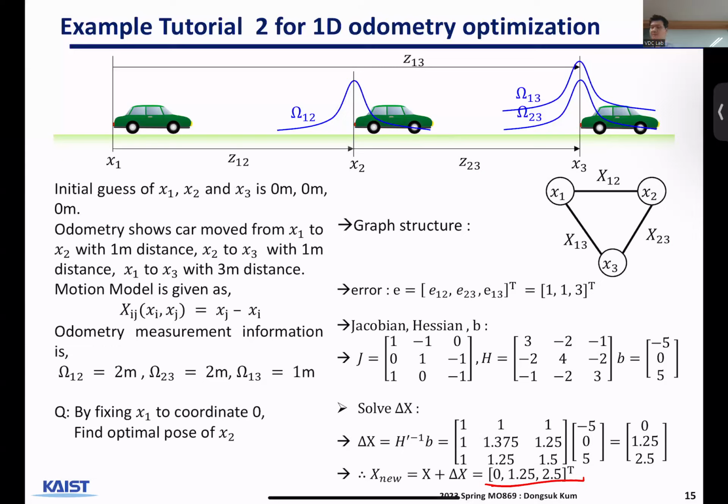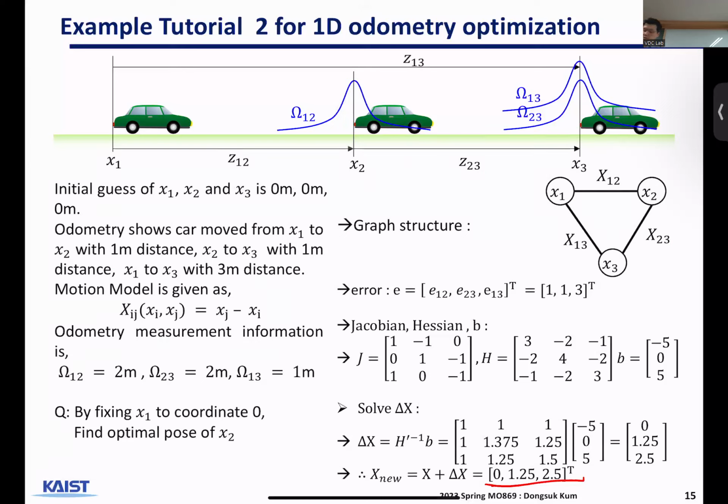X1 is 0, which is origin, right? We fixed that. And X2 is 1.25. X3 is 2.5. Okay. So that's what the solution is saying.